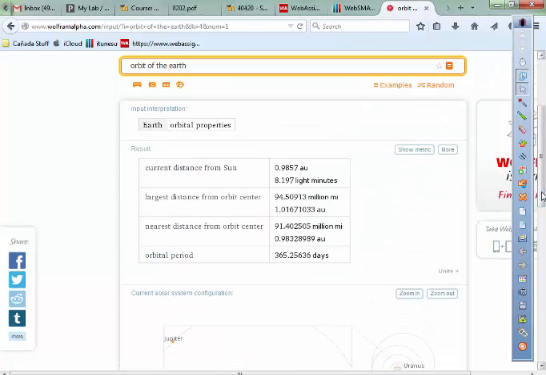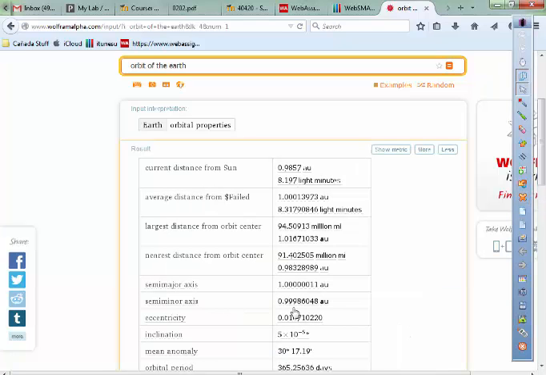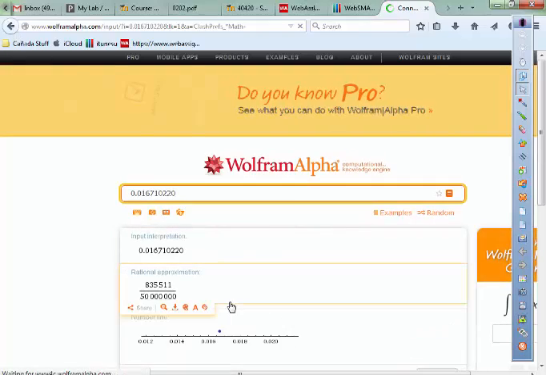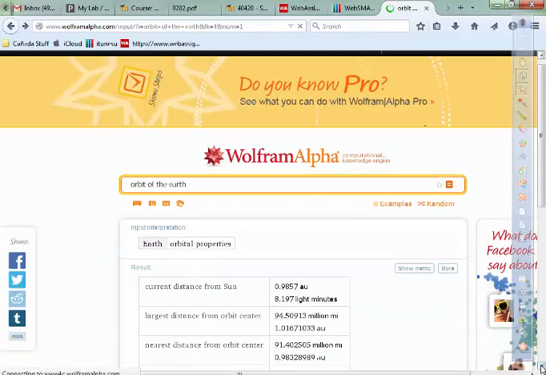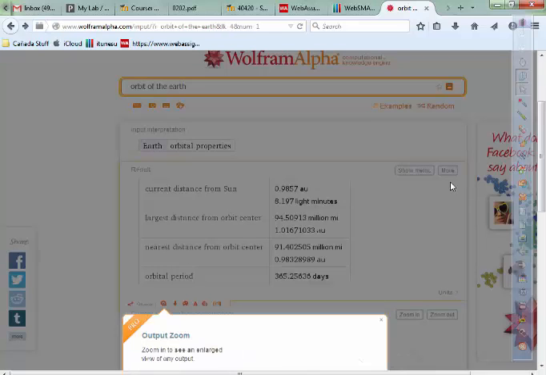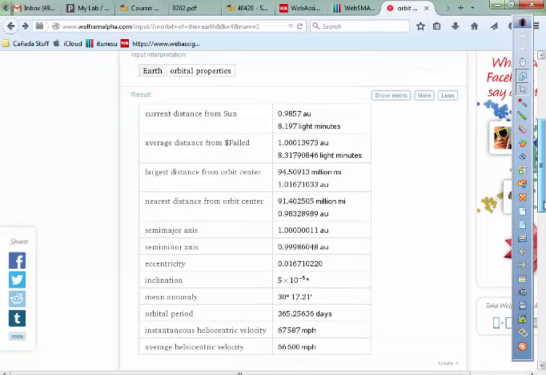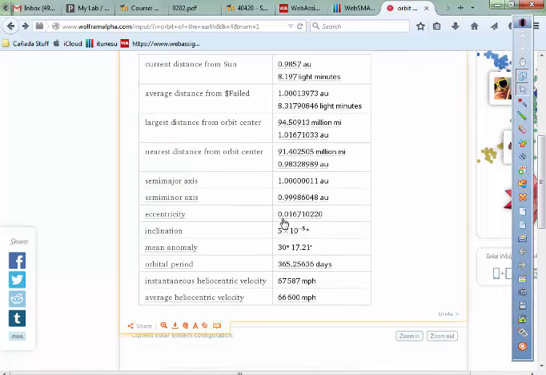So the eccentricity of the Earth's path around the sun is 0.0167.